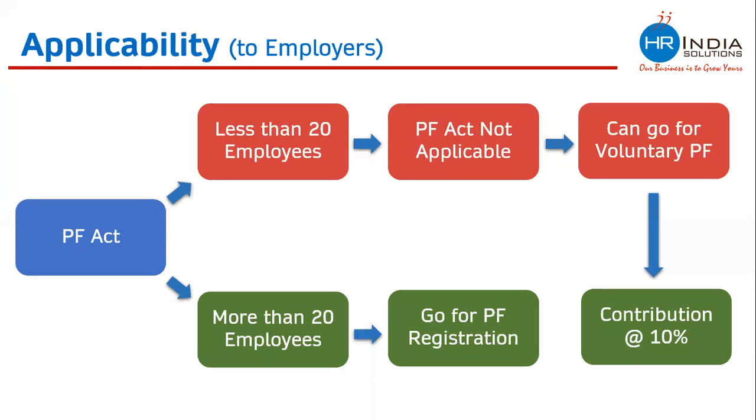So when you say voluntary PF, does that mean 10% contribution for the employee and 10% for the employer? Yes, this is the company's decision. A company can remain out of provident fund as long as it has not touched a figure of 20. But if the company is good and wants to extend this facility to its employees, even without 20 employees, they can go for PF. To them, some discount is given, and employee and employer both would be contributing 10%. But once they touch a figure of 20, they need to start contributing 12%.